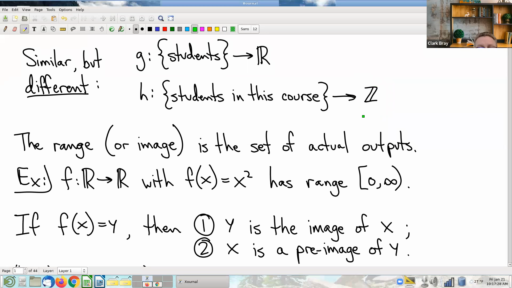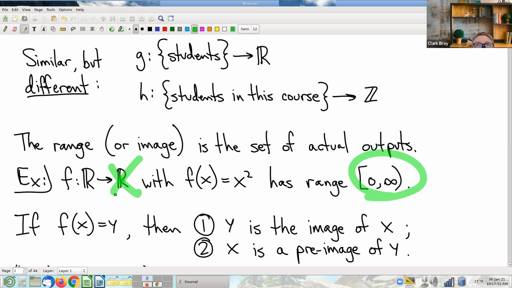Okay. So another example. Got a function here, real numbers in, real numbers out, defined by that formula. Note the trio, right? Domain, target, rule of assignment. What actually comes out of this function? Well, just the non-negative numbers.